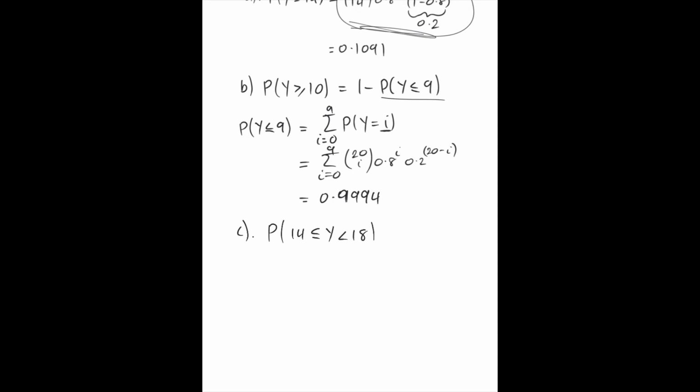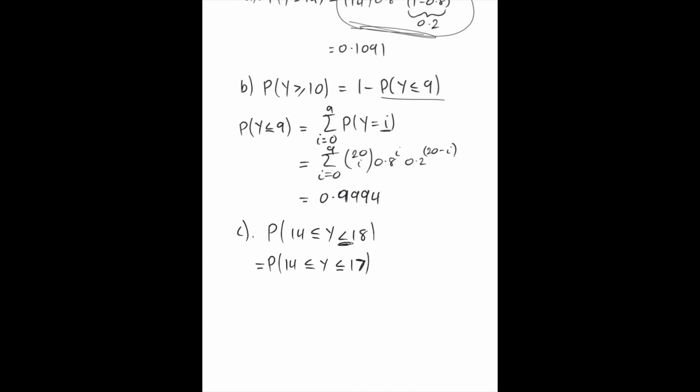So we're going to be squeezed in between those two. Now, the first thing we're going to do, once again, is we don't like having this less than sign. We want to always have it in less than or equal to. So we'll write that as the probability 14 is less than or equal to y is less than or equal to 17. Those two lines are equivalent.